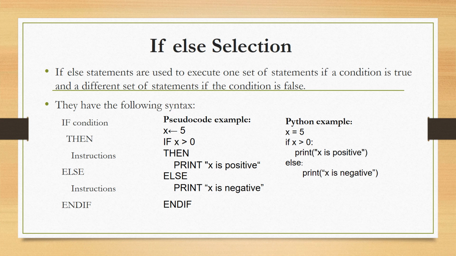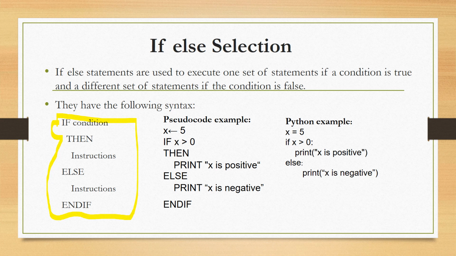I will explain. So the next selection is the if-else selection statement. It is used to execute one set of statements if a condition is true and a different set of statements if the condition is false. This is the syntax of our if-else structure, as you can see. If condition, then instruction.